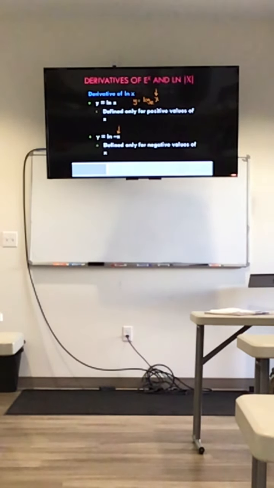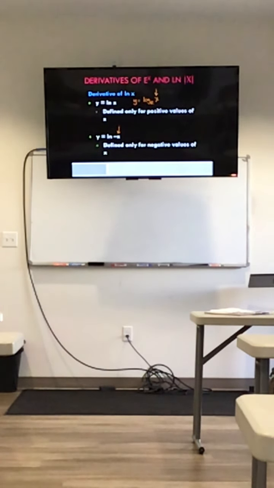So this function is only defined for negative values of x. So if I said x was negative 3, well then it says negative negative 3, which is positive 3. And I'm allowed to have a positive number behind the logarithm of the question. Now, this is an issue because I have two different kinds of problems here. One of them only works for positives, and one of them only works for negatives of a question.